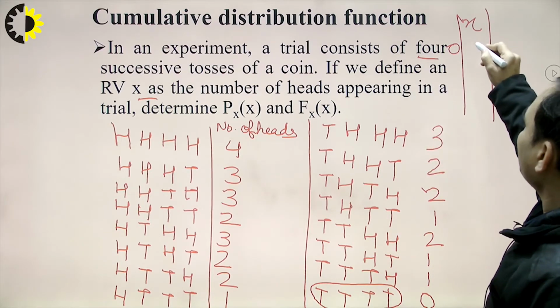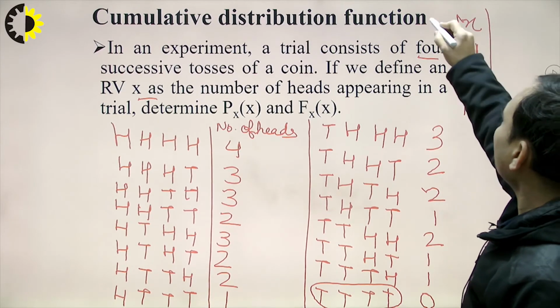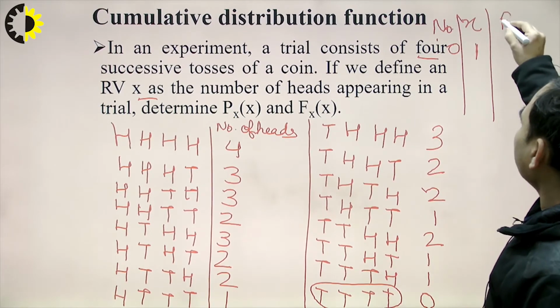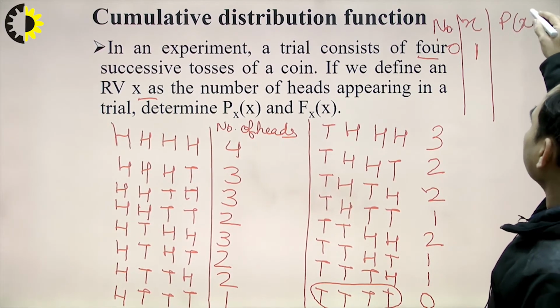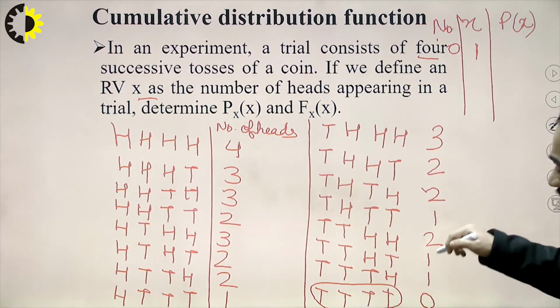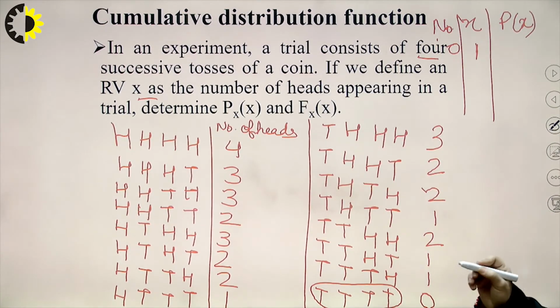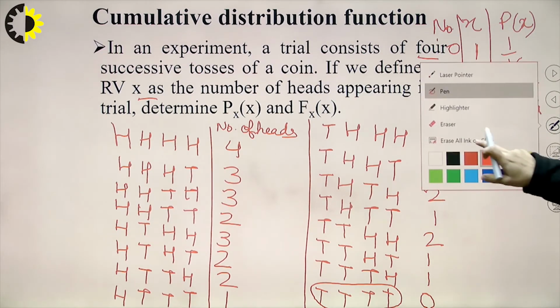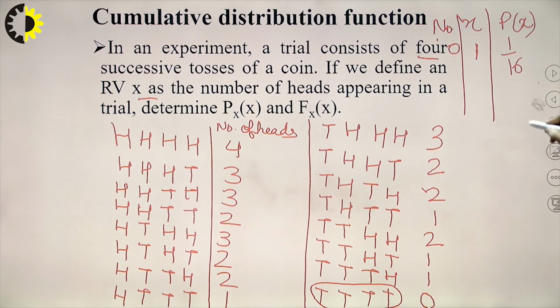The probability of the random variable x will be, out of 16 possible outcomes, simply 1 by 16.